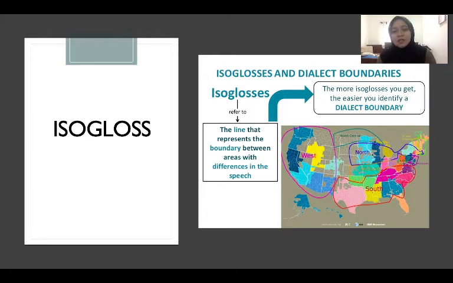The next one is, after you have identified the line, the isoglosses, once it has been identified as a group, it is now called a dialect boundary. The more isoglosses you get, the easier you identify a dialect boundary.